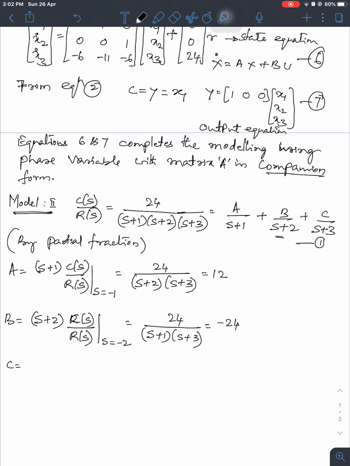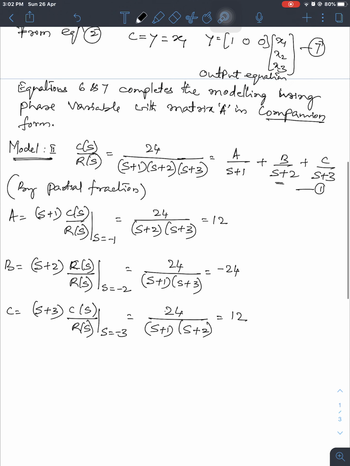Okay, C equal to s plus 3, the denominator of C, multiplied with C of s to R of s, evaluated at s is equal to minus 3. That will be 24 divided by s plus 1 into s plus 2. This comes out to be 24 by 2. I see it as 12.